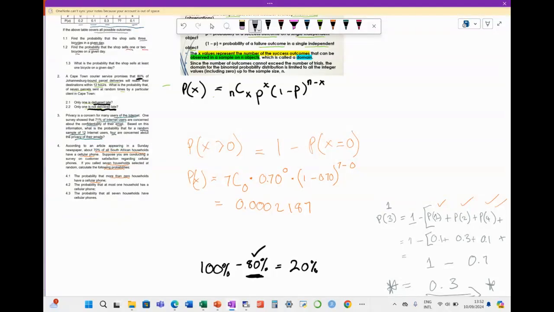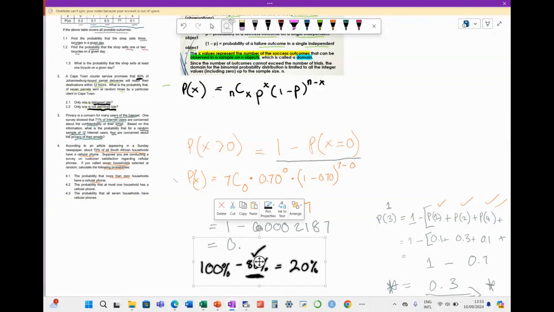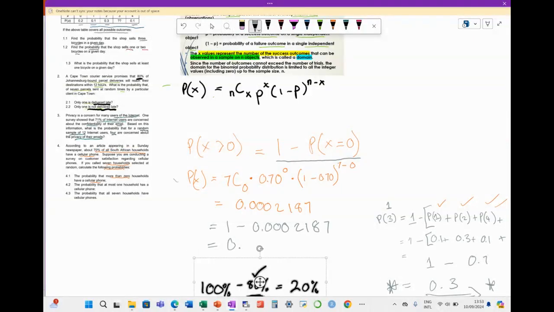Okay, now we have that, but we don't have our final answer. Because remember earlier we said it's 1 minus the probability of X equaling 0, which is what we are calculating now. So we then have to say 1 minus 0.0002187, which is 0.9997813, and that is your final answer.